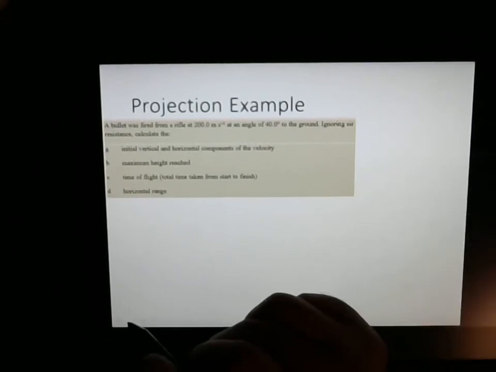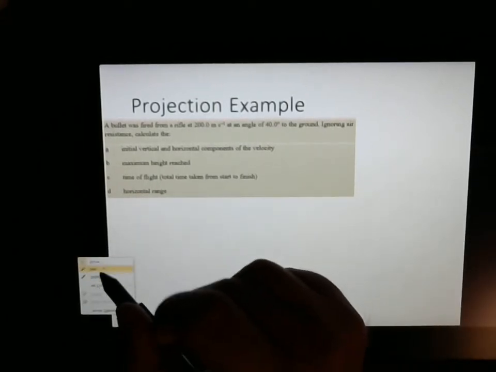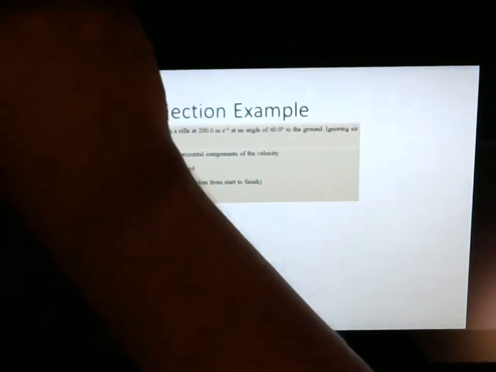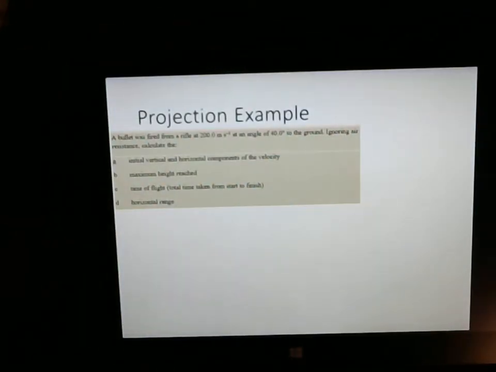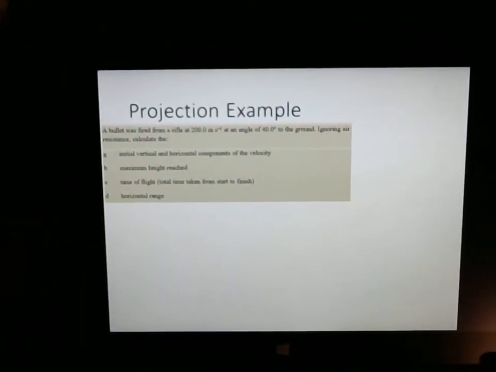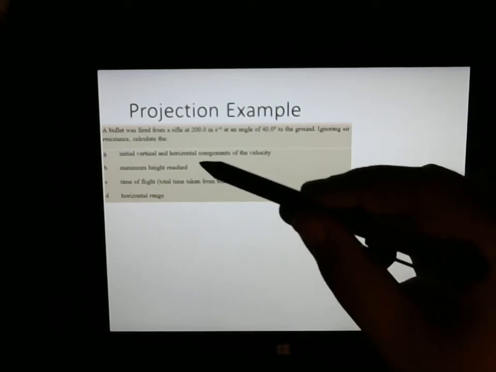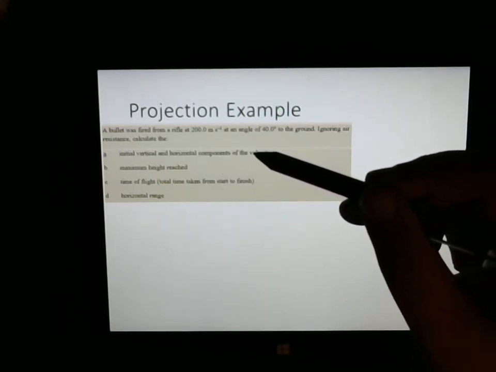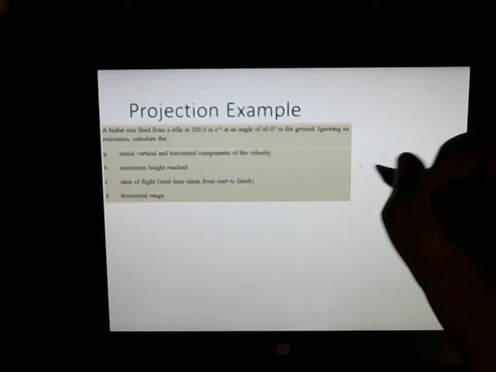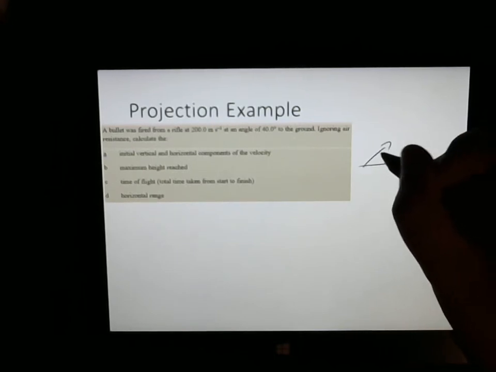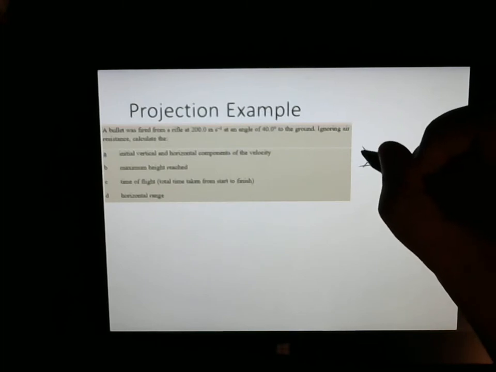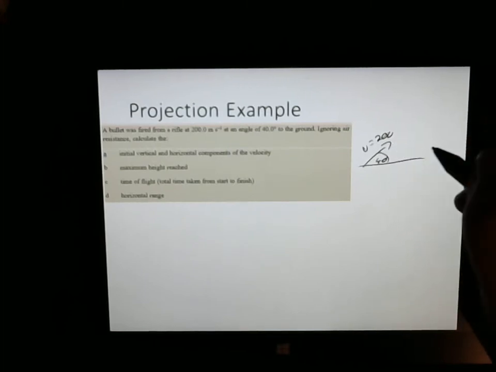So let's first off draw. Get that cord out of the way. Let's start off first by drawing what this would look like. It is fired at an angle, so just angle of 40 degrees, and the velocity equals 200.